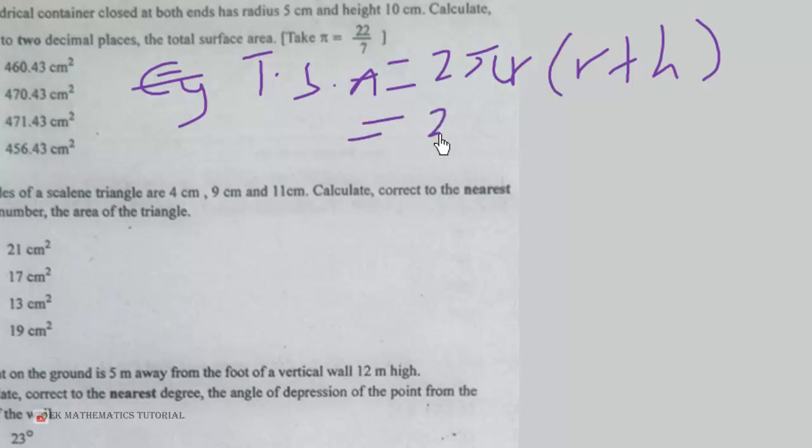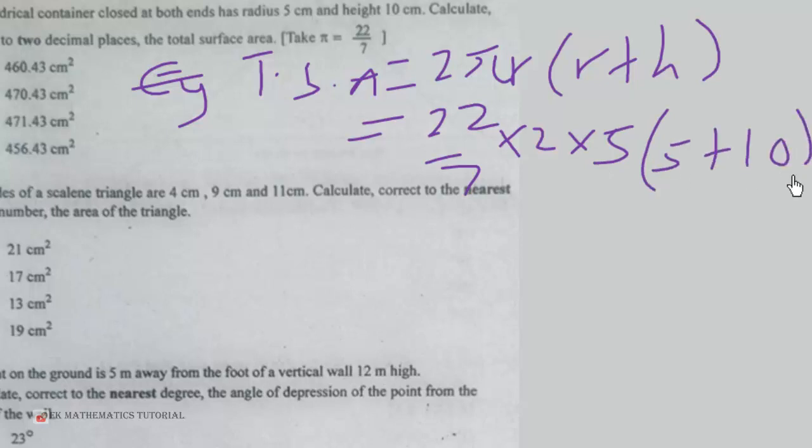So you put 22 over 7 times 2 times radius, which is 5. Then we have radius 5 plus h, which is 10. When you simplify this, you are going to get 471.4 centimeters squared. So the correct answer is C.